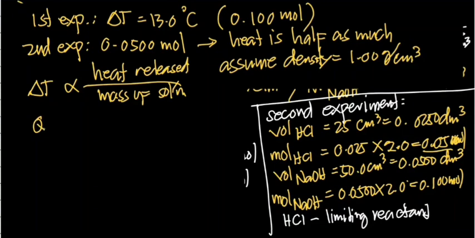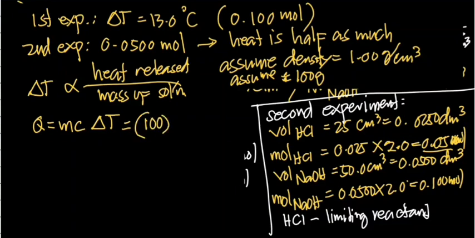So that is Q equals MC delta T. So assume 100 grams. This is 100 times C. Oh, what is C? The specific heat. That is 4.18, right? 4.18 joules per gram Kelvin. And then 13 degrees Celsius. Oh, we convert that to Kelvin.